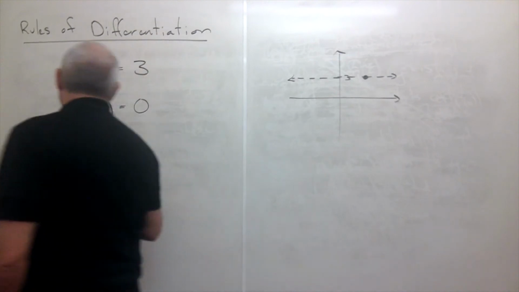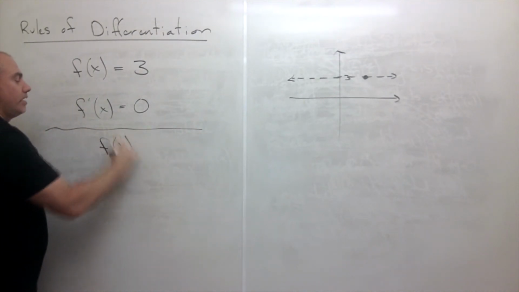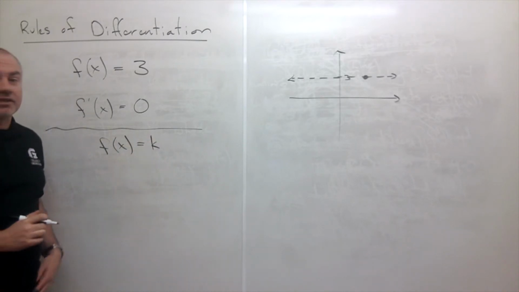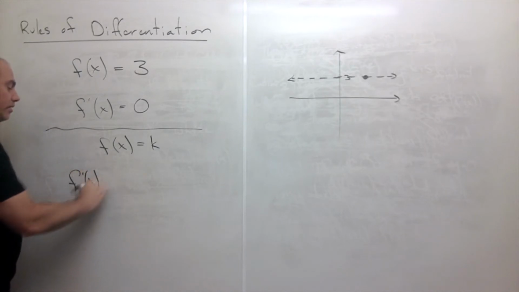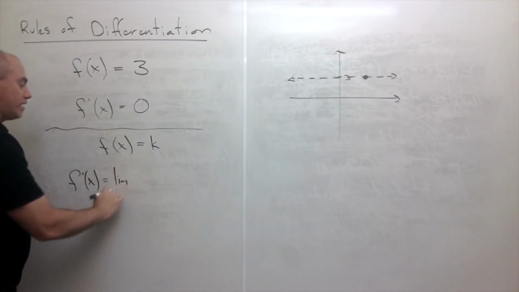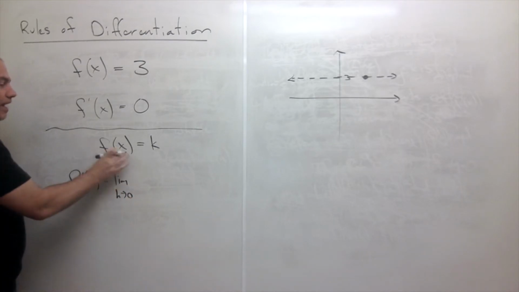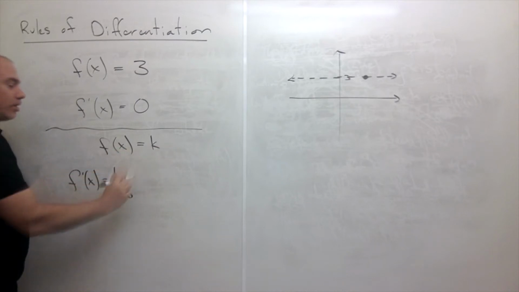Well, let's think about this in general terms. If f of x is equal to k, where k is constant, then the derivative f prime of x is equal to the limit as h goes to 0 of f of x plus h. Well, f of anything is k, because this is just a constant function.